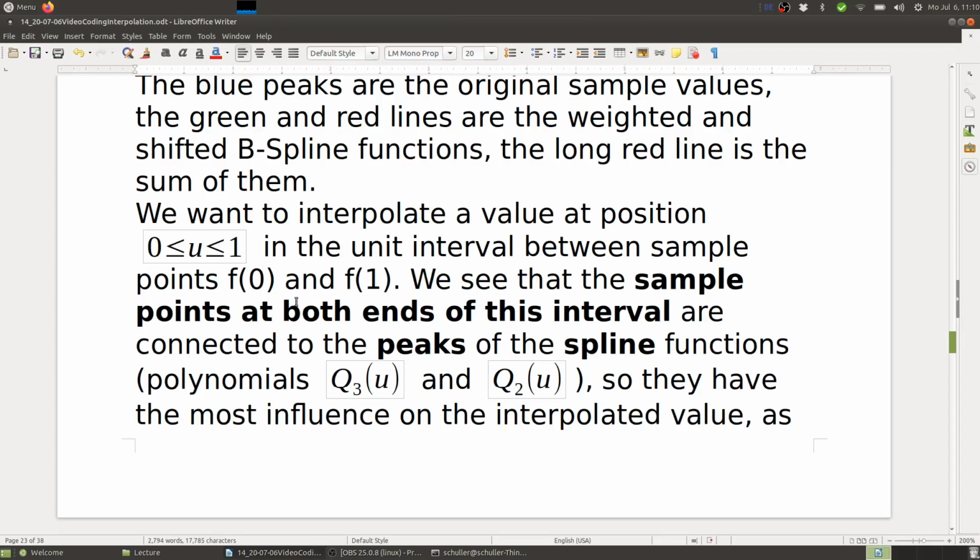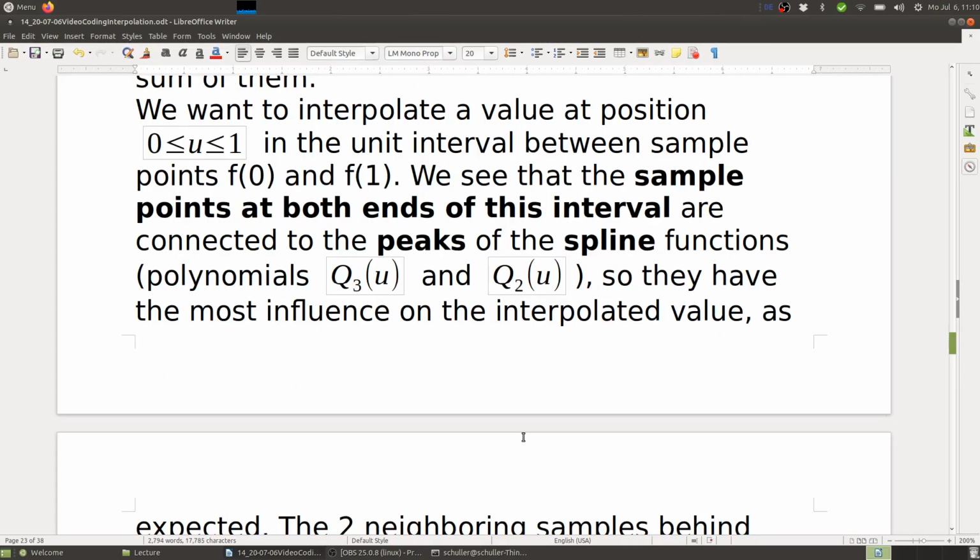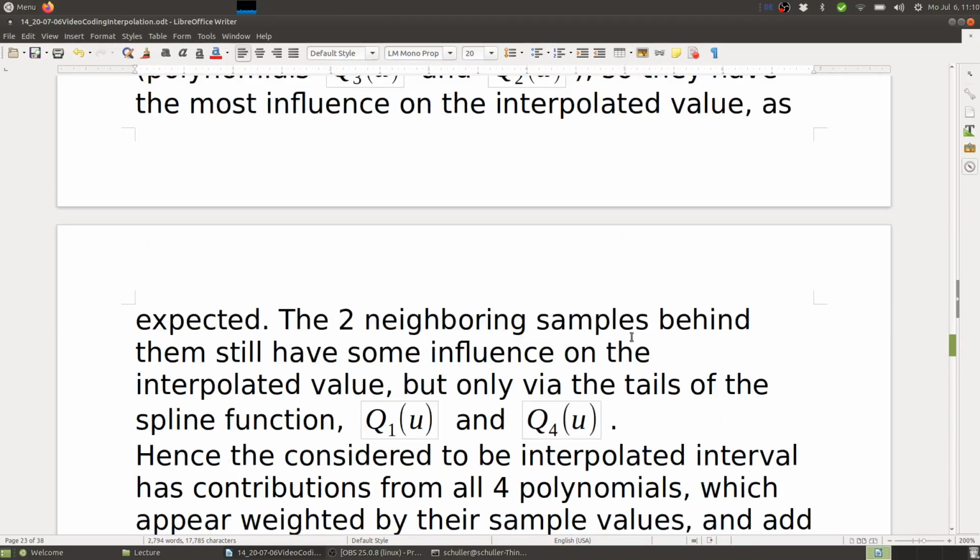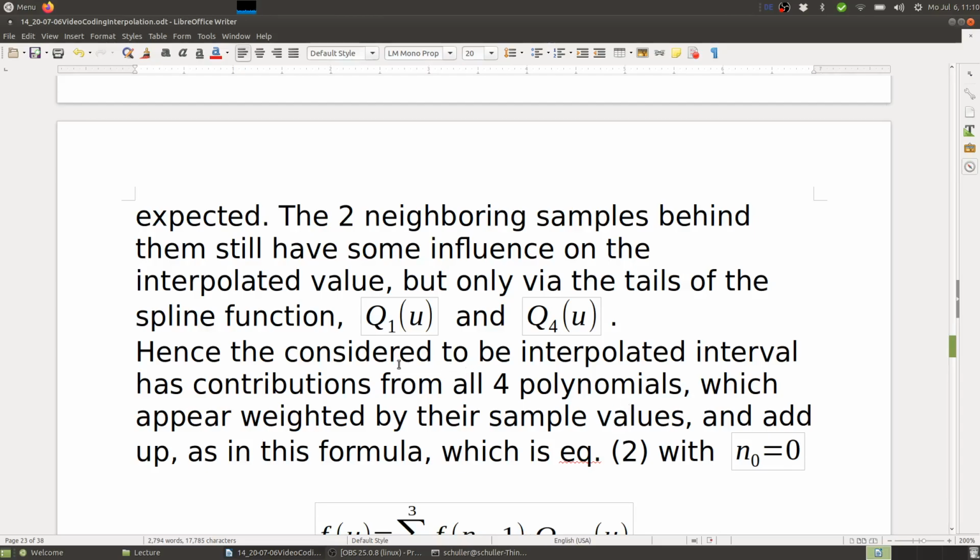We see that the sample points at both ends of this interval are connected to the peaks of the spline functions, the polynomials q3 and q4, so that they have the most influence on the interpolated value as expected. The two neighboring samples behind them still have some influence on the interpolated value, but only via the tails of the spline functions q1 and q4, to both sides.